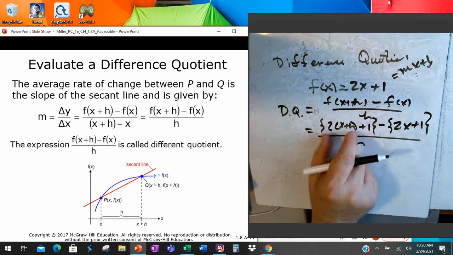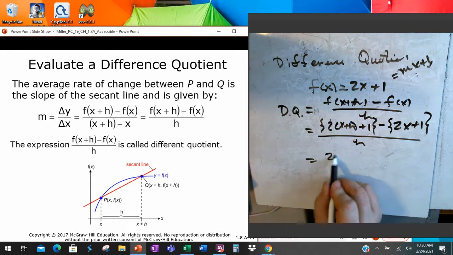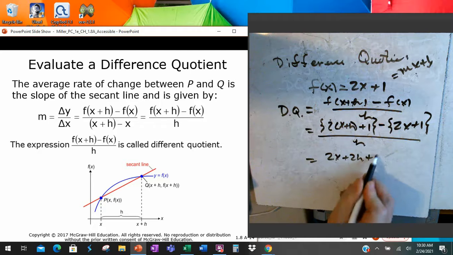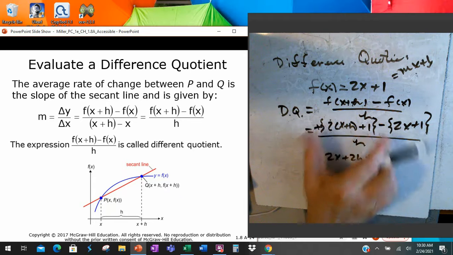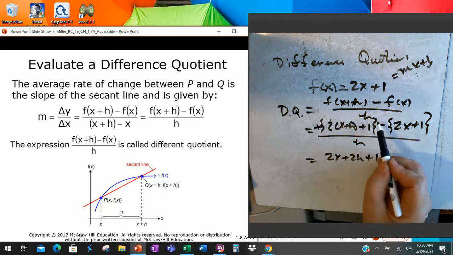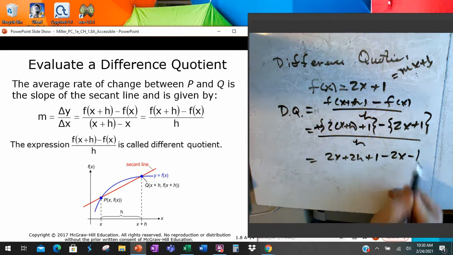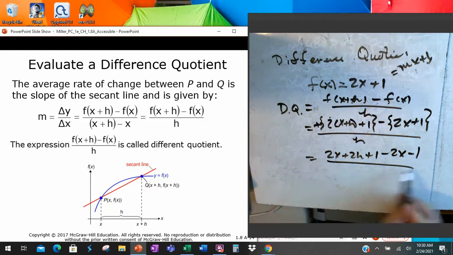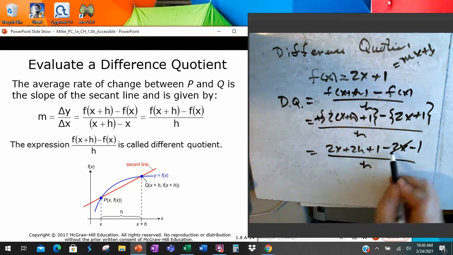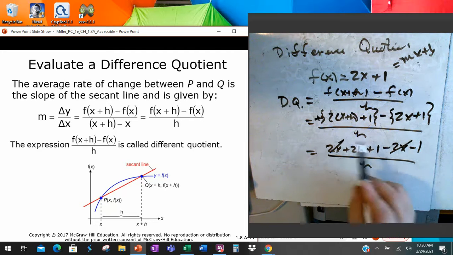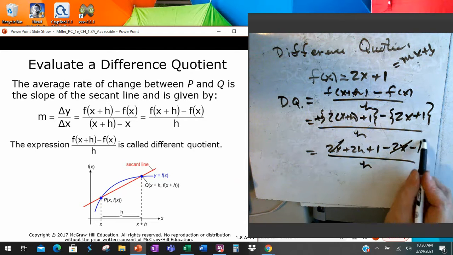Okay, so we're going to expand: 2x plus 2h plus 1. This is all of that. This is a plus, so I get to drop all of these. But here, this is a minus, so I need to subtract off minus 2x minus 1, divided by h. That goes out. The originals will always go out. That f, this stuff, will always subtract off the original.